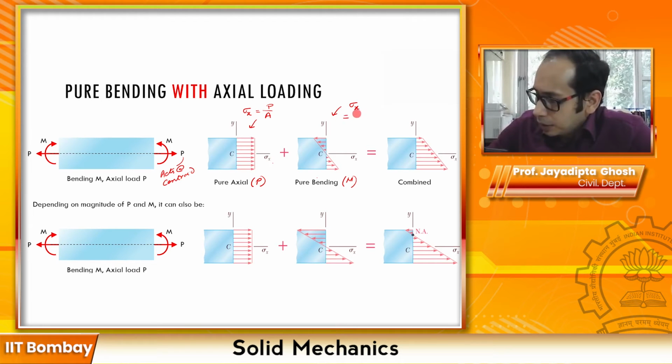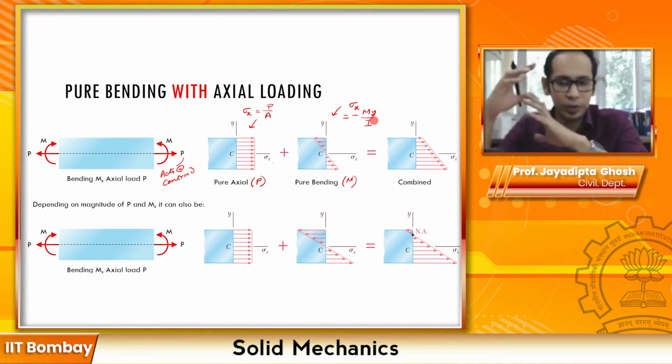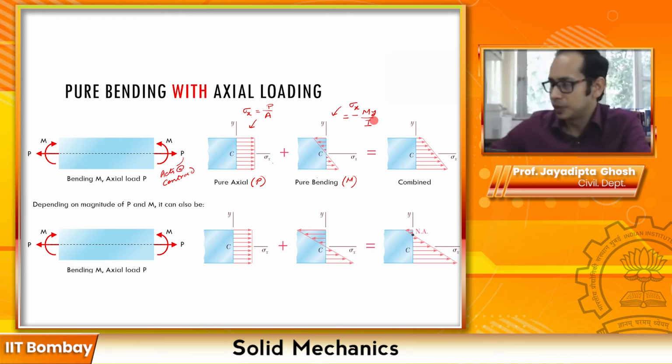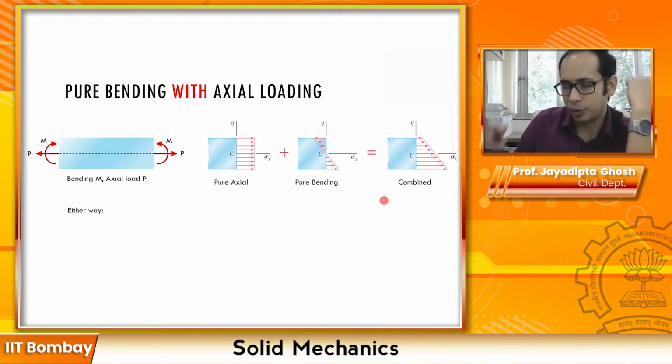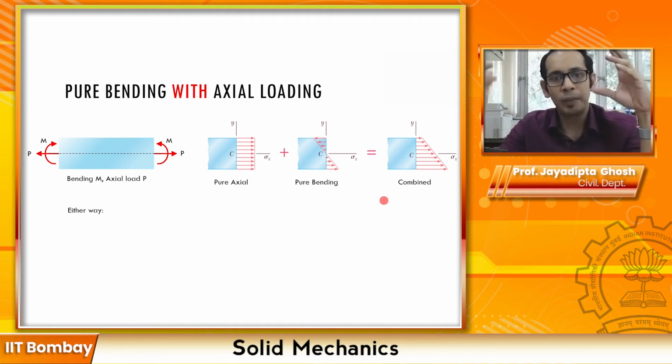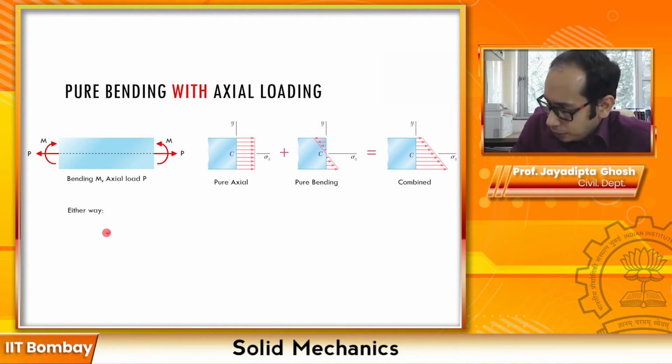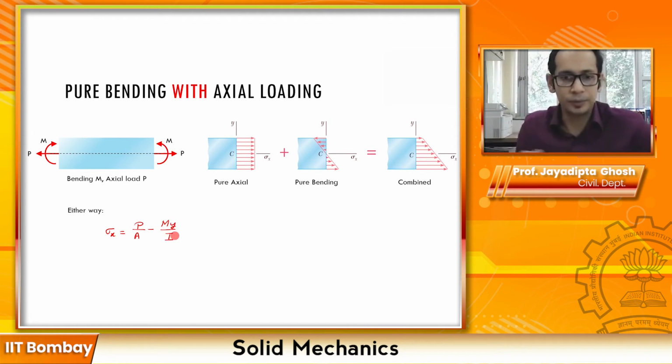So here sigma x equals minus My by I. All I'm saying is that once you combine the effects of both the bending and the axial, you can write sigma x equals P divided by A minus My by I over here. Right, so this is the overall expression.